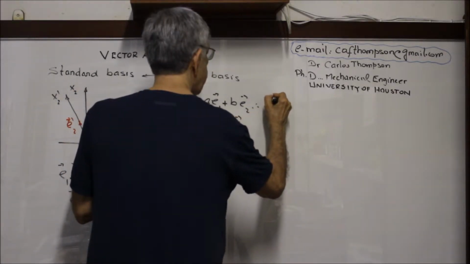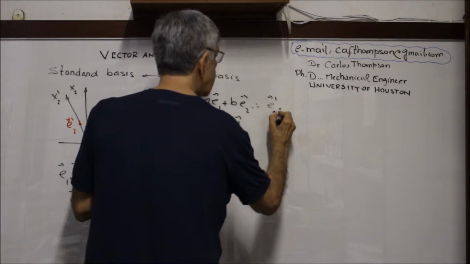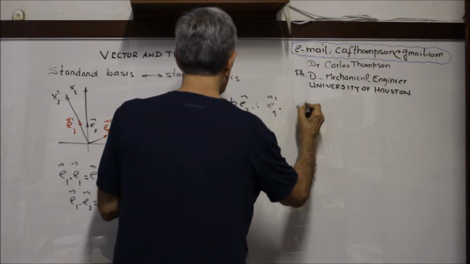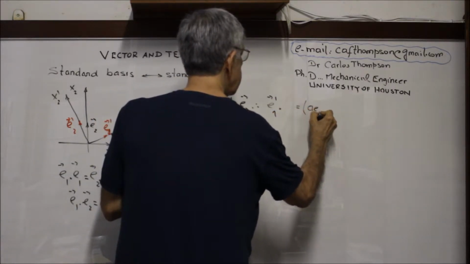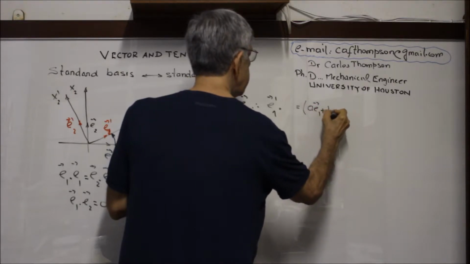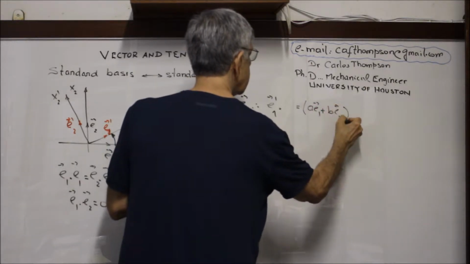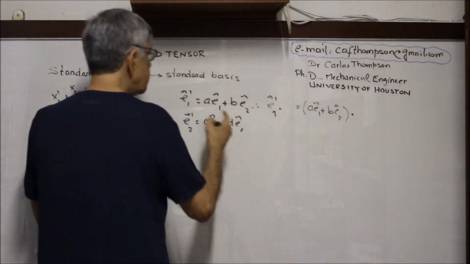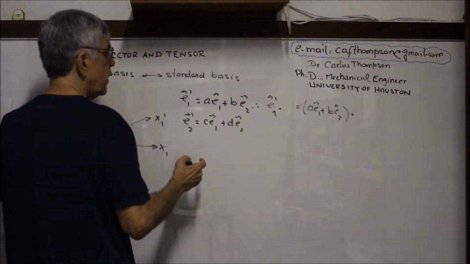E1 prime dot, and the other side is A E1 plus B E2 dot. Let's multiply both sides, okay?